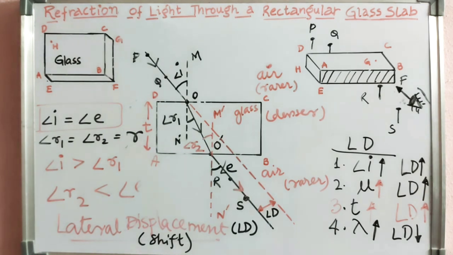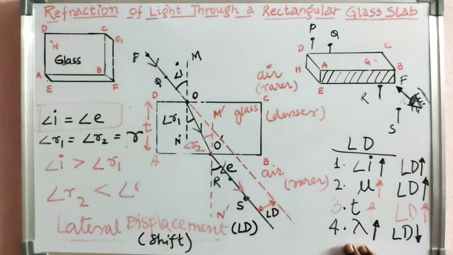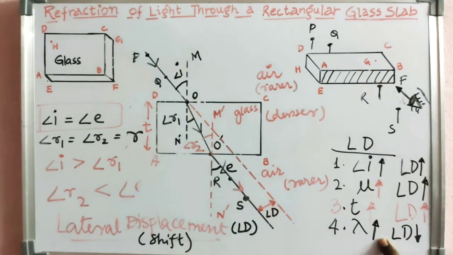So if I use violet light, what would happen? Violet has less wavelength, so the lateral displacement is going to increase. If I take red color, having higher wavelength, the lateral displacement is going to decrease.